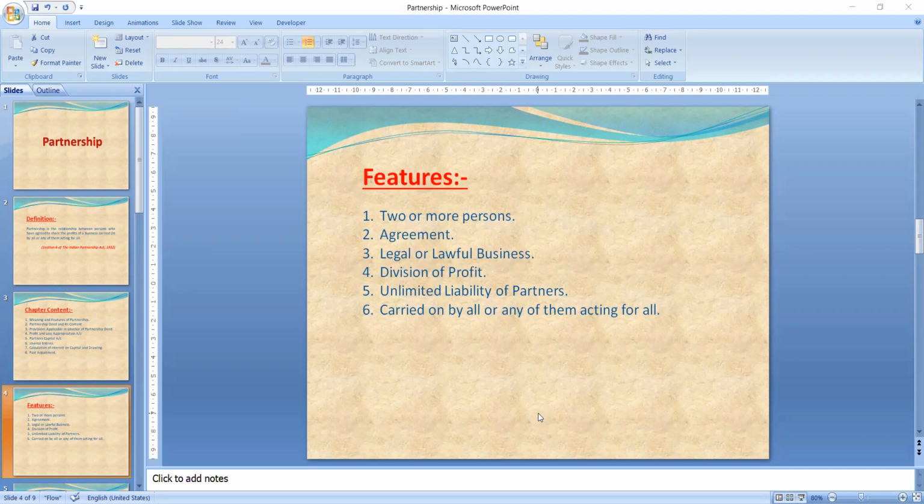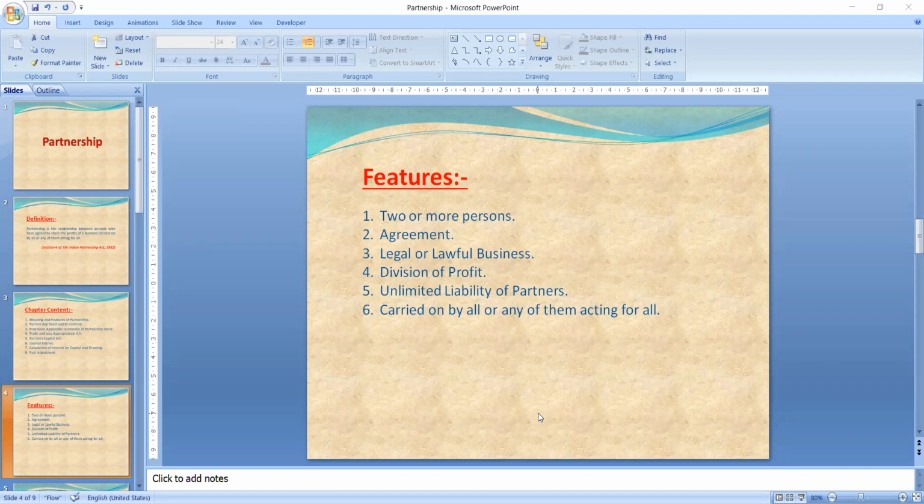So let's assume that a partner has 1 lakh of assets, let's say land and building, and a business has a liability of 5 lakh and assets of 3 lakh.